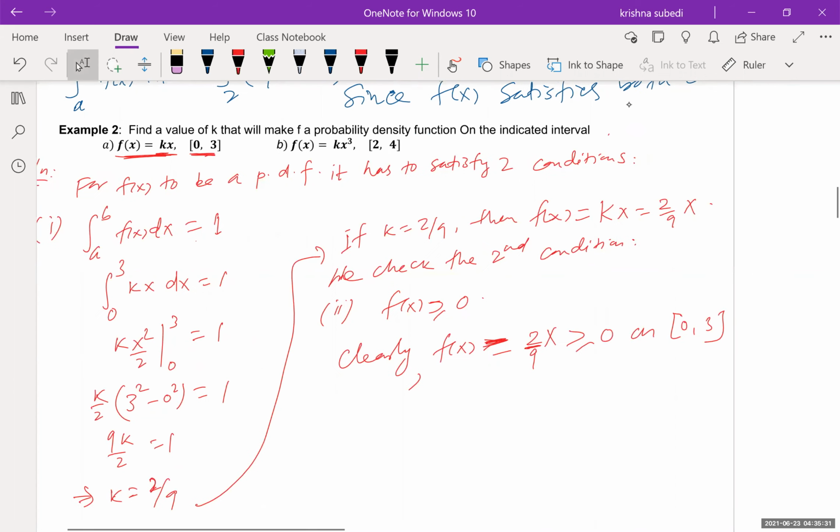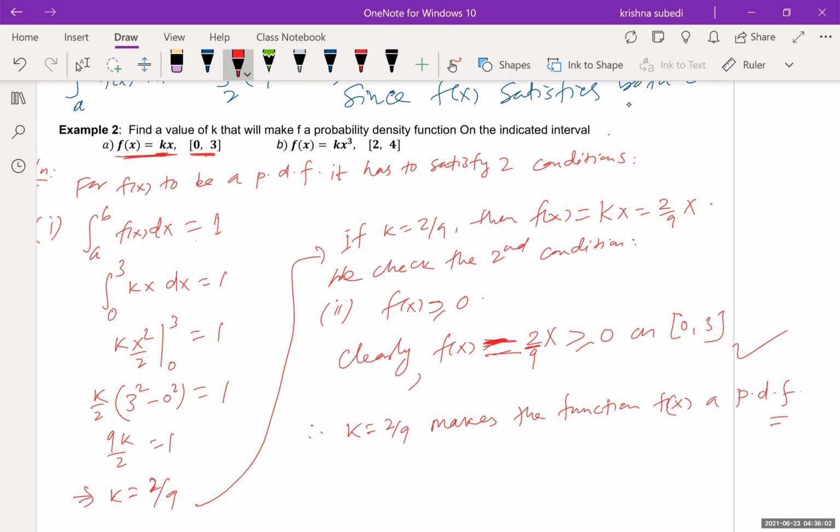No matter what value you choose for x between 0 and 3, you will never get a negative value. It's just common sense. So it satisfies this condition as well. Therefore, k equals 2 over 9 makes the function f of x a PDF. Any question?